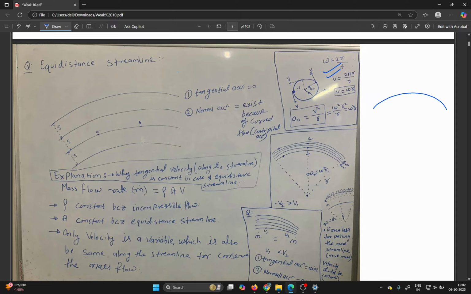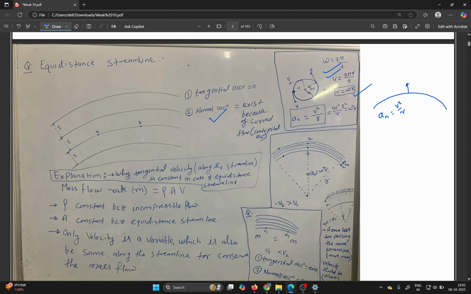As you know, the velocity is omega r, or you can say 2 pi r by T, because omega is 2 pi by T. So acceleration is v square by r. In case of a curved path of flow, you have normal acceleration, v square by r. If the flow path is curved, the normal acceleration will exist always.